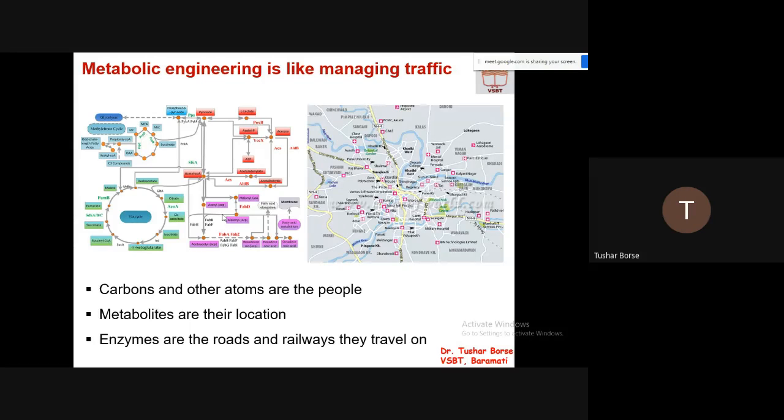And who is guiding them? Obviously it has to be the enzymes which are carrying out the actual reactions, right? So just try to imagine, the way you manage the traffic, the same way you will have to think about the metabolic reactions which are occurring in the cell.